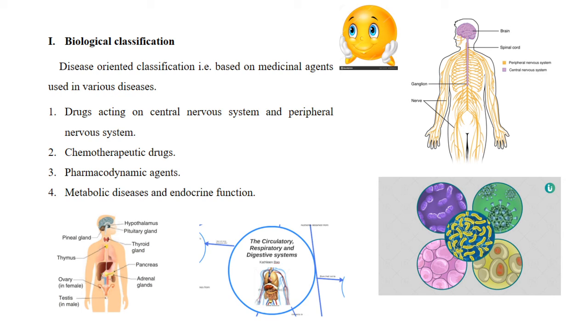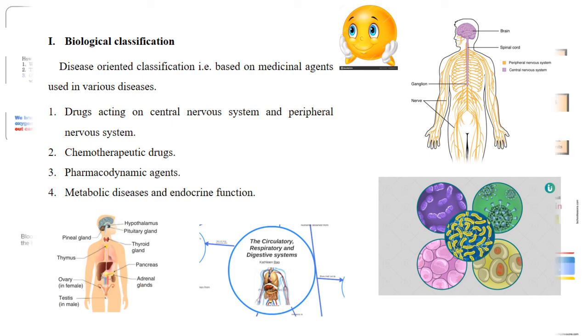Among these 4 categories we are dealing only with drugs acting on the central nervous system and peripheral nervous system. This biological classification is disease oriented classification, that is the drugs acting on infections or any physiological disorders. Here it is categorized into drugs acting on the central nervous system and peripheral nervous system, second chemotherapeutic drugs, pharmacodynamic agents, and last metabolic diseases and endocrine functions.